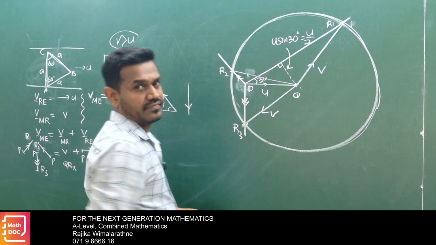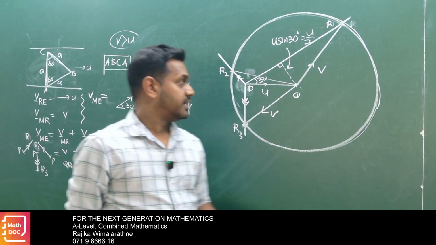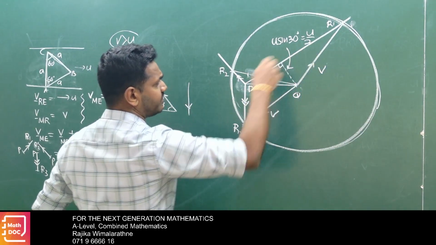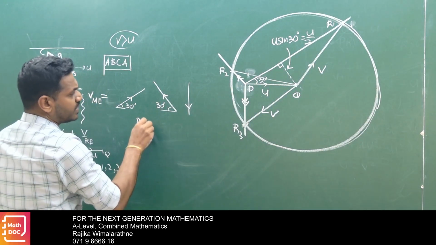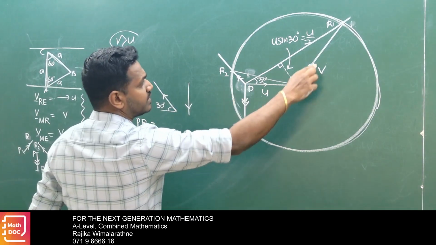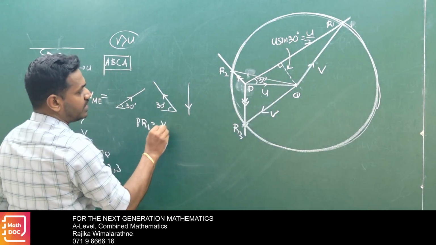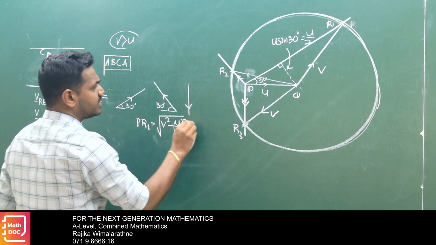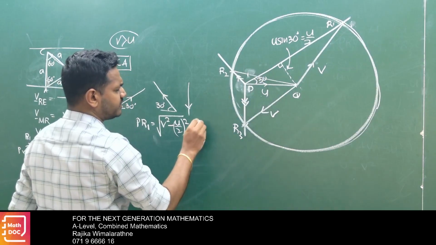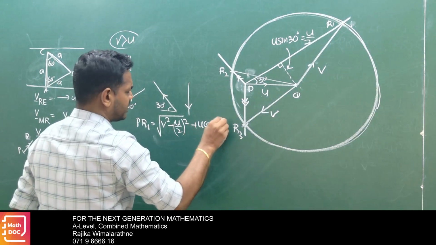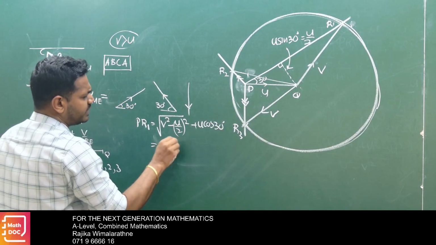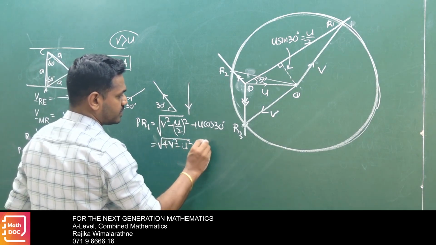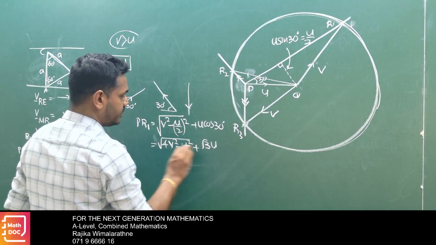Here this is P. Then for PR1 apply the Pythagorean theorem: V square equals U/2 squared plus U cos 30. Then root of 4V square minus U square, 3U/2.